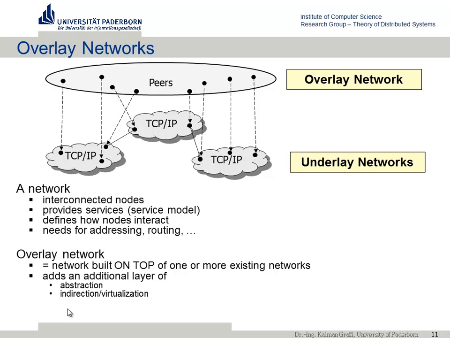But now we pick some peers, some nodes out of this set, and we create a new topology and new protocols on top of it. We will see how this is done. What we get out of this additional layer is a new abstraction. So we can say this layer is for routing, this layer is for TCP, for example, which gives error correction, and the overlay layer is for content search, for example.